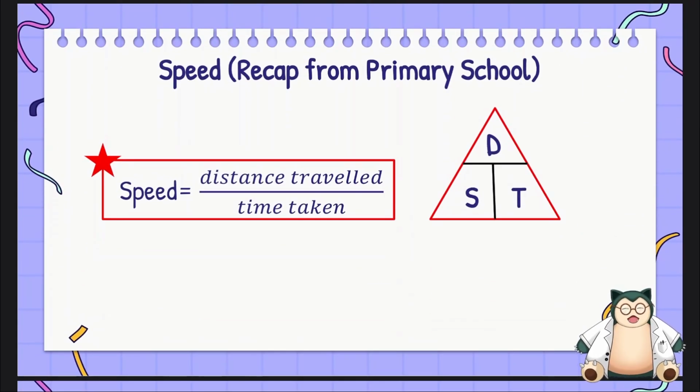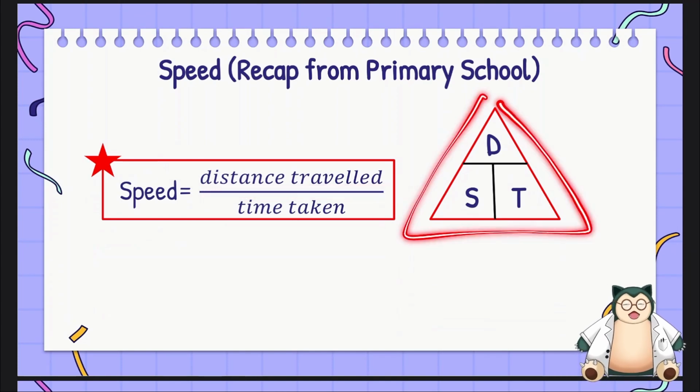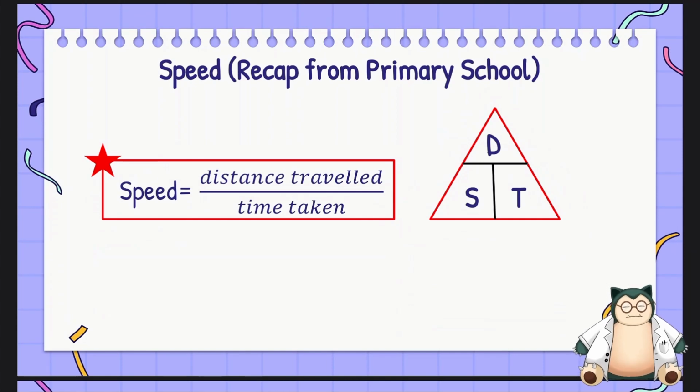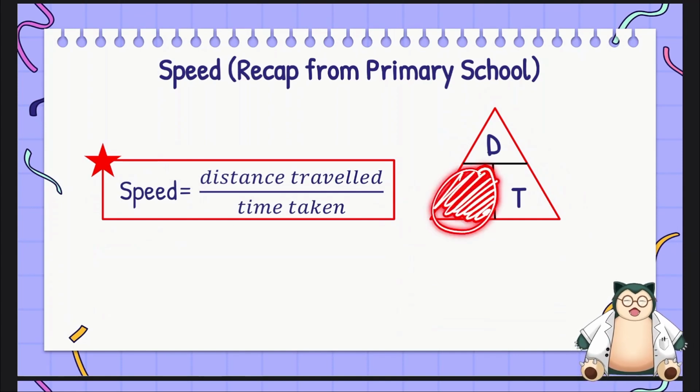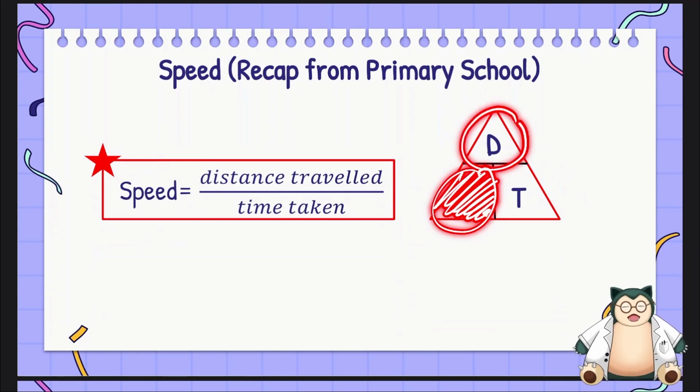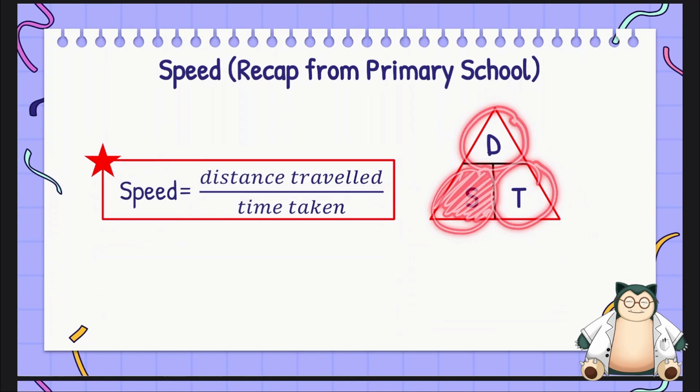Okay, so some of you may recall, for speed we have to learn a formula, right? Our formula you can remember as speed equals distance traveled over time taken. Or you can remember this pyramid over here. So how do we use this pyramid? Whenever we want to find speed, we cover the letter S up, which is associated with speed, and we take distance over time, that's our formula.